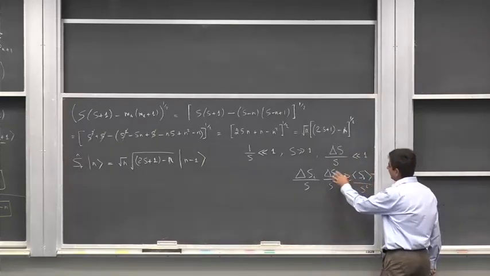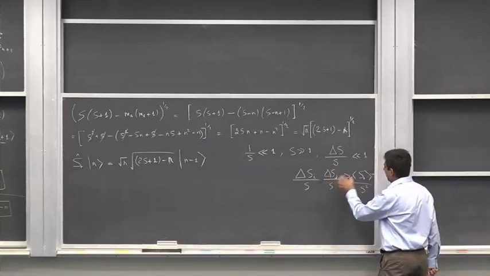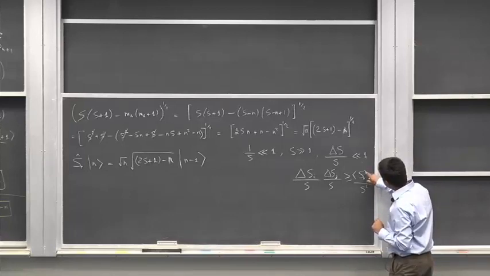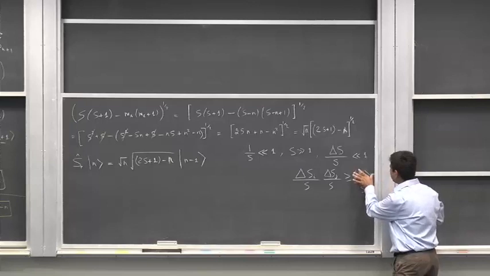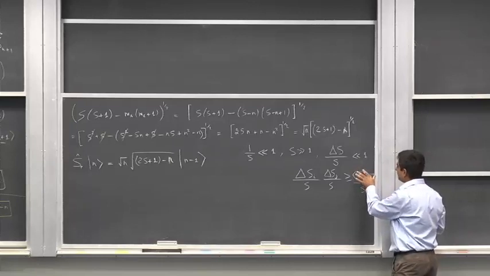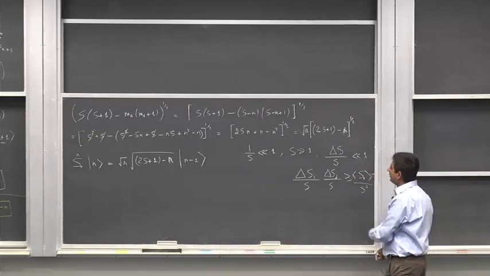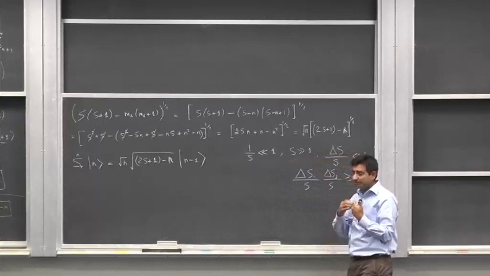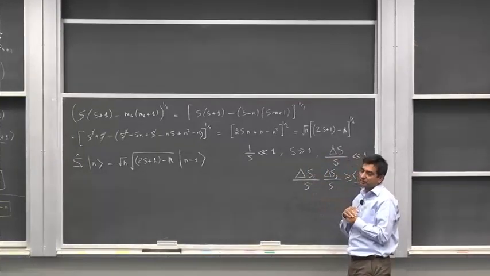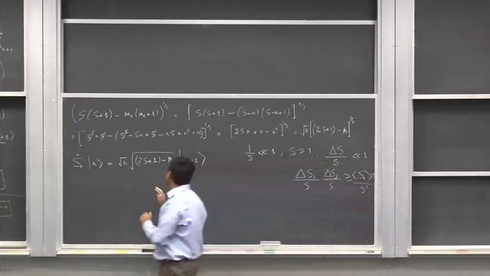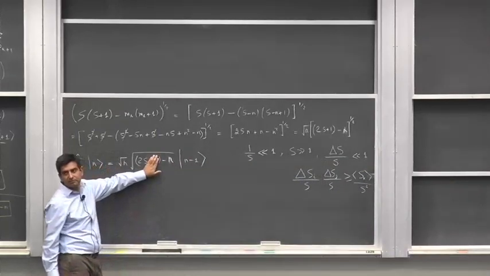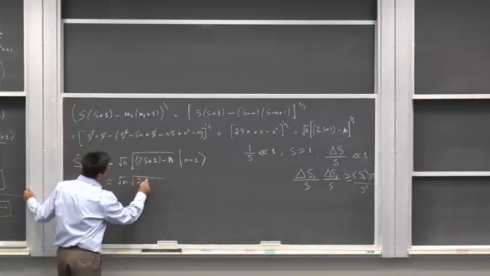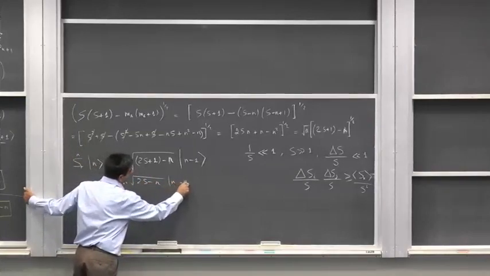Now if this uncertainty is smaller than the spin, then 1 over s is a large quantity, meaning the right hand side is going to be small, which really means that 1 over s is much smaller than 1, or s is much larger than 1. So this shows that the fluctuations are small. When the fluctuations are small, I can just ignore this 1 here. Okay, so now this thing becomes under root n (2s minus n minus 1). Remember this is modulus squared.